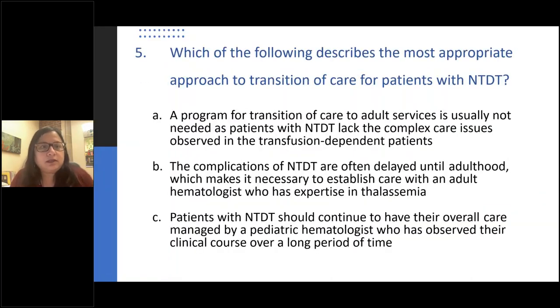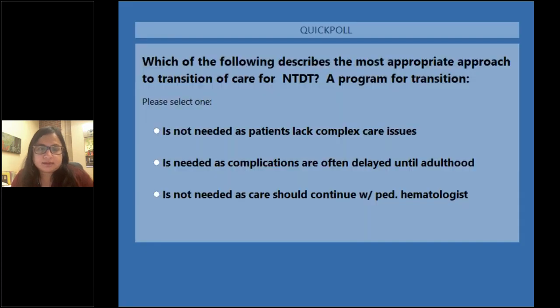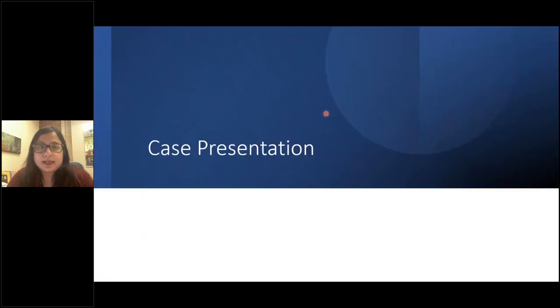And our final question, which of the following describes the most appropriate approach to transition of care for patients with NTDT? Thank you very much for participating in that section and helping to answer those questions.